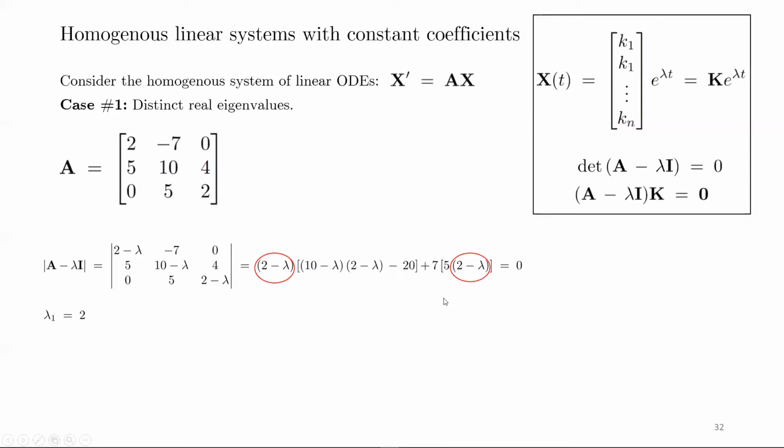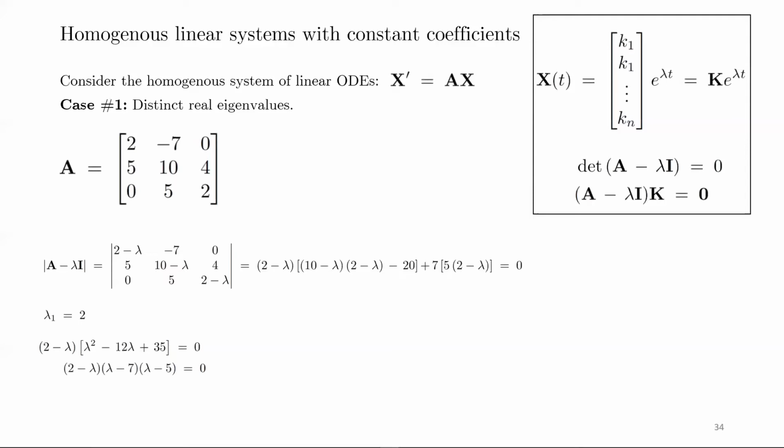So clearly, one of the eigenvalues which makes this equation equal to 0 is going to be lambda equal to 2. So I'm going to say lambda 1 equals 2. Well, if I pull out that common factor of 2 minus lambda, I can write this equation as 2 minus lambda multiplied by a quadratic, and I can reduce that quadratic into the product of two linear terms.